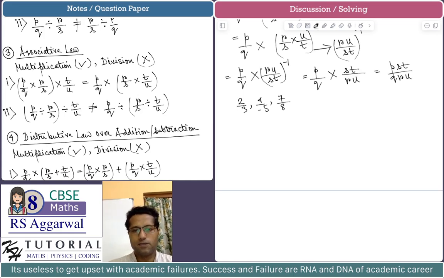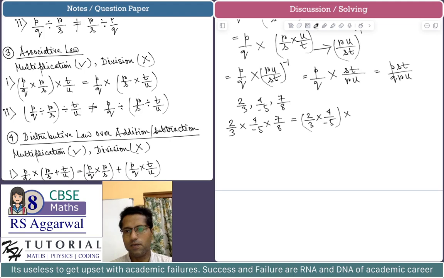So it means that if I want to do multiplication of these three rational numbers, I can change the ordering, basically change the grouping of the rational numbers in doing the multiplication, meaning I can first multiply the first two rational numbers, that is 2 by 3 multiplied by 4 by minus 5, and then the result, whatever the result will be, I will multiply with 7 by 8.